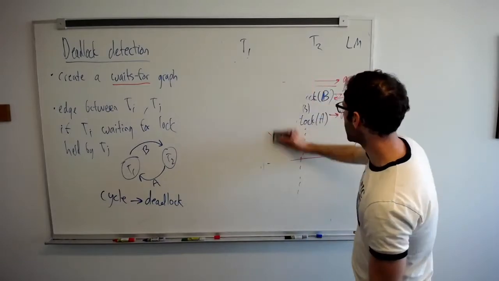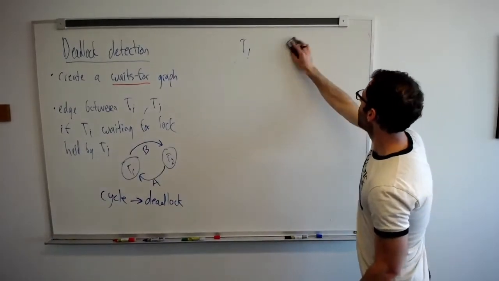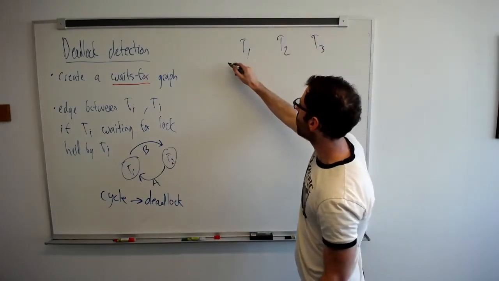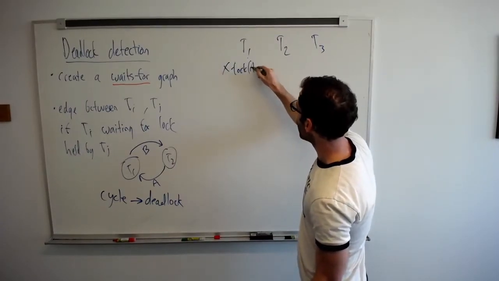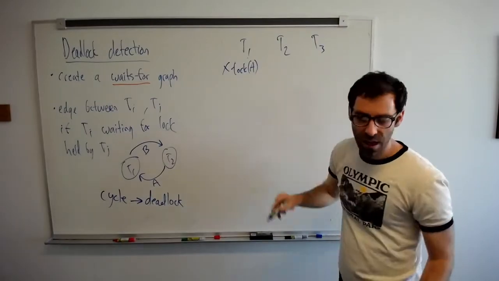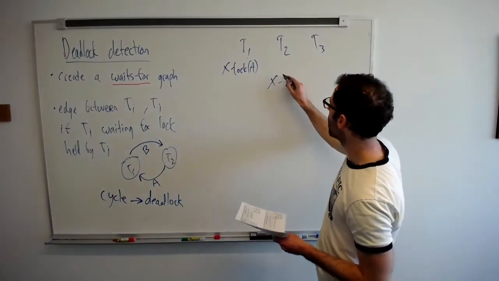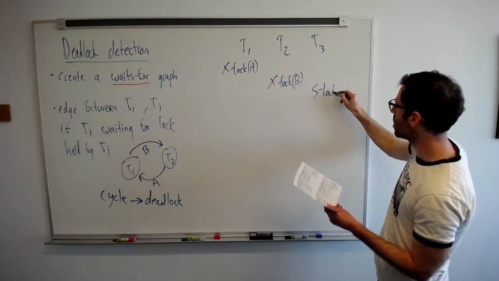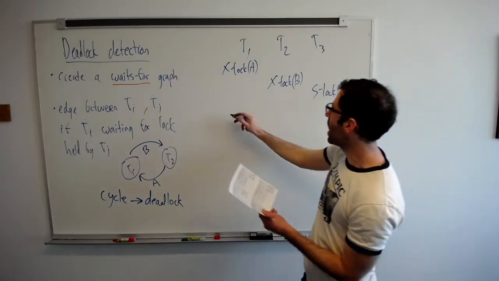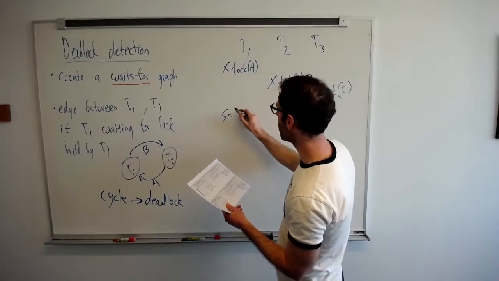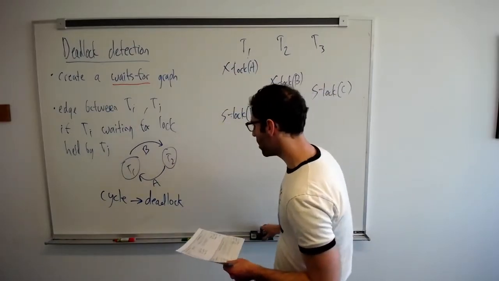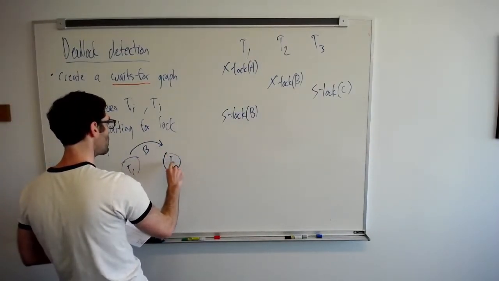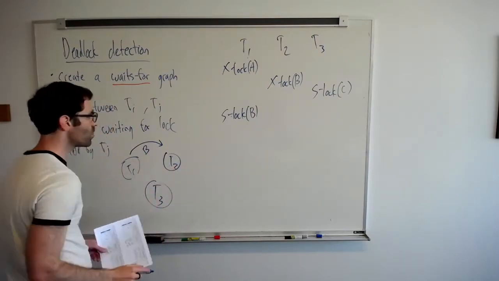If we did a simple example with 3 transactions, T1, T2, and T3, where T1 says, all right, lock A, T2 says lock B, and T3 says lock C, and then T1 tries to lock B, at which point T1 is waiting on T2 for B. We have a third node here.